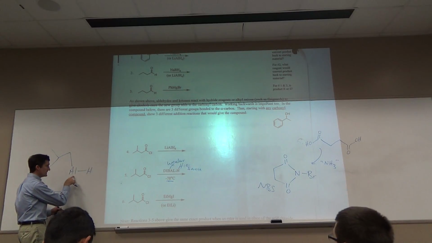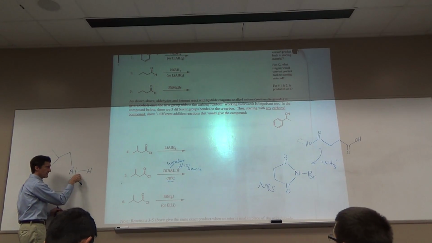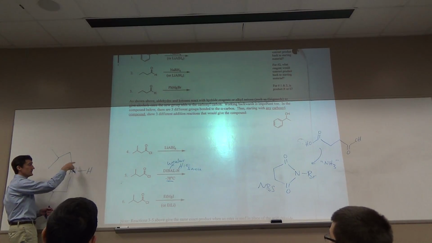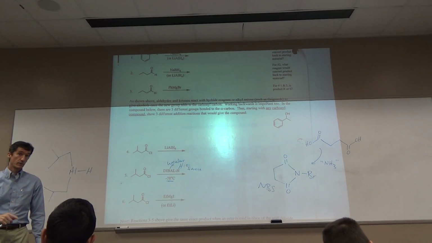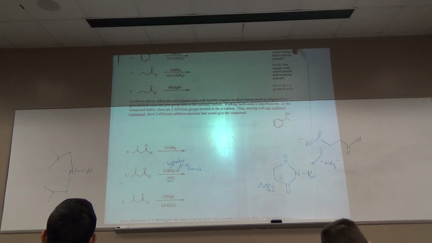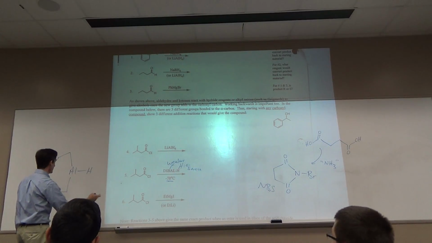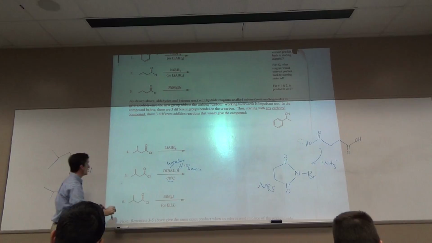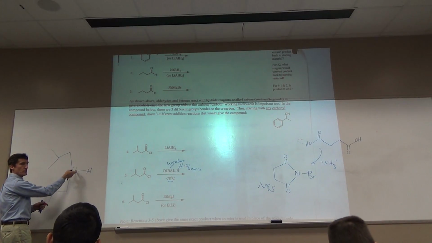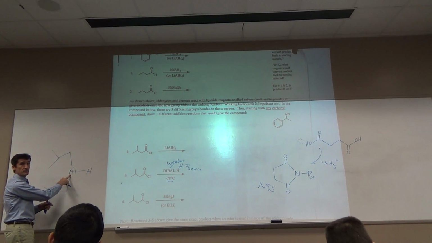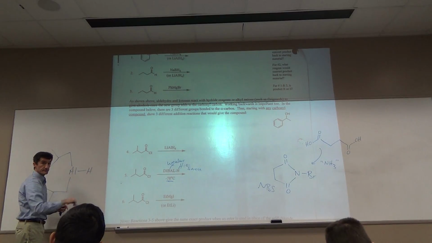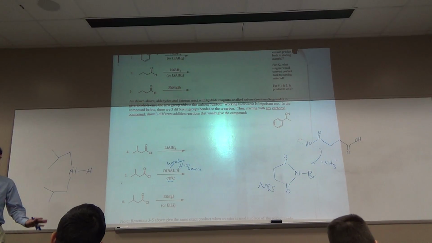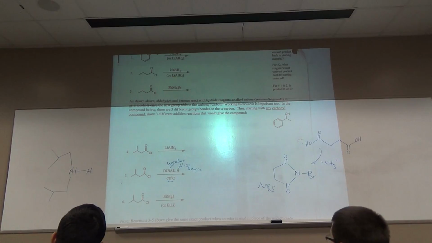You might say, well, why would this aluminum want to kick off an H and the electrons? It's not negative. This is a Lewis acid. We used AlCl3 as a Lewis acid for Friedel-Crafts reactions. Something will coordinate with this aluminum, maybe even the lone pairs on one of these guys. Once lone pairs coordinate with it, the aluminum becomes minus. Then the aluminum's mad and it says H, you take a hike. But it's weaker because it's not fully minus.